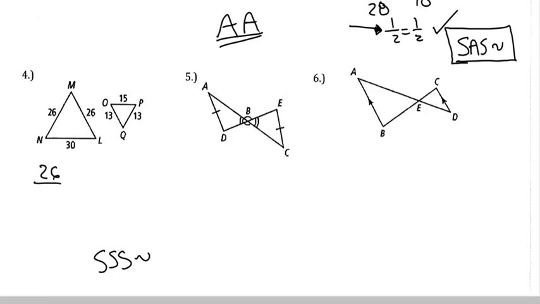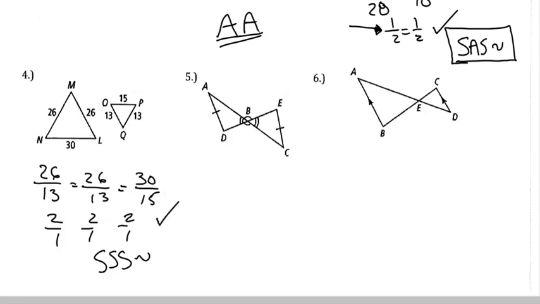Does 26 over 13 equal 26 over 13 equal 30 over 15? This one reduces to 2 over 1, that one reduces to 2 over 1, and this one reduces to 2 over 1. Are all the sides proportional? Yep. Therefore, we have SSS of similarity.